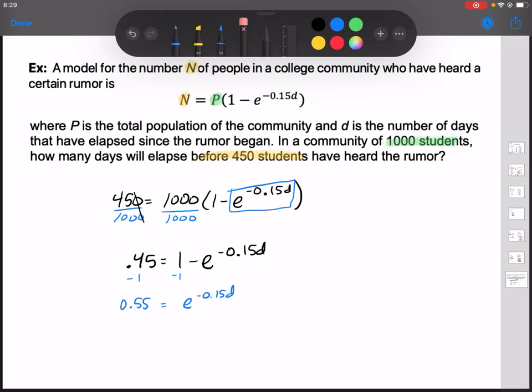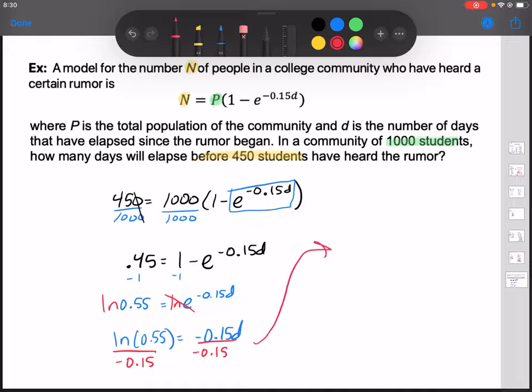So I'm just going to erase the negatives. And then I'm going to do my natural log of both sides. The reason I'm doing that is because remember, natural log is the inverse of base e. So I have natural log of 0.55 is equal to negative 0.15 d. And then I'm going to divide this by negative 0.15. So d is equal to natural log of 0.55 over negative 0.15.